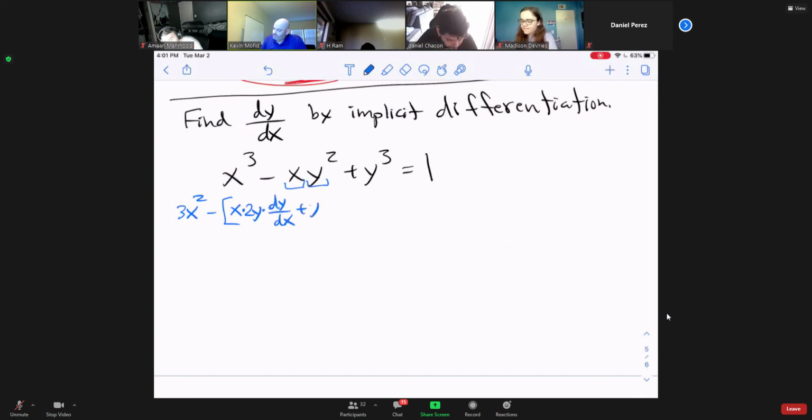Plus second, times the derivative of the first. What's the derivative of x? 1. So this whole time, I just took the derivative of those two. Plus, what's the derivative of y to the third? 3y squared times the derivative of y, which is dy over dx, equals the derivative of 1, which is 0.